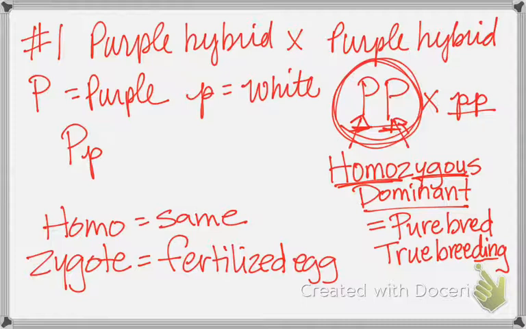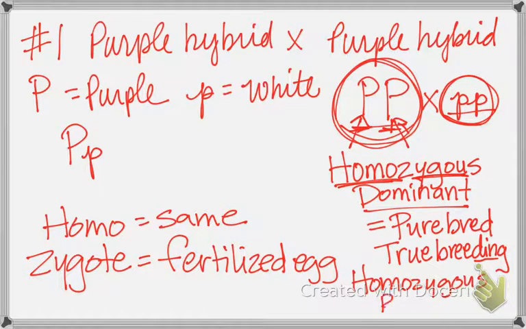Are we okay so far? Okay, if you're little p, you're also homozygous. But in this case, you're not homozygous dominant, you're homozygous recessive. Meaning, you're still true breeding, you're a purebred, but for the recessive trait.